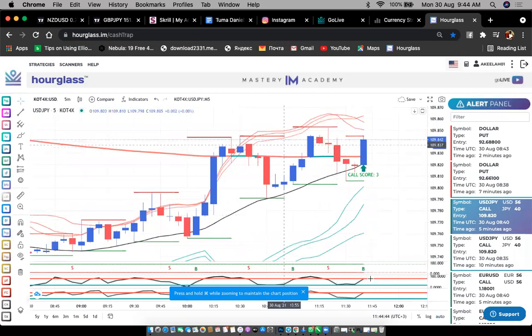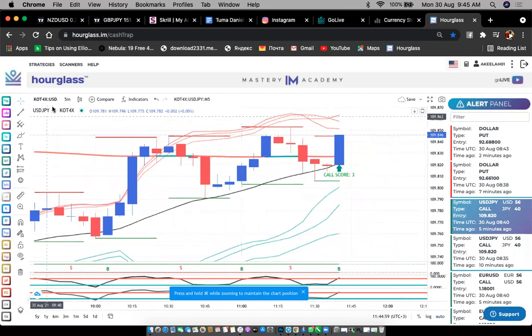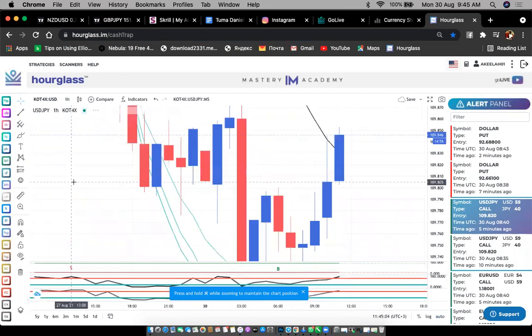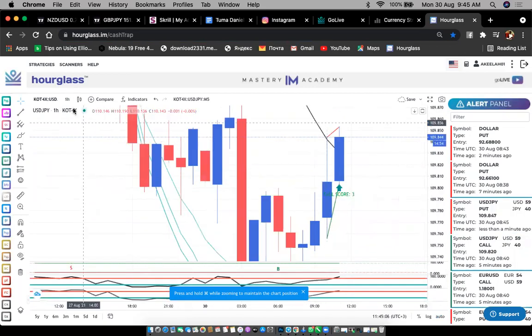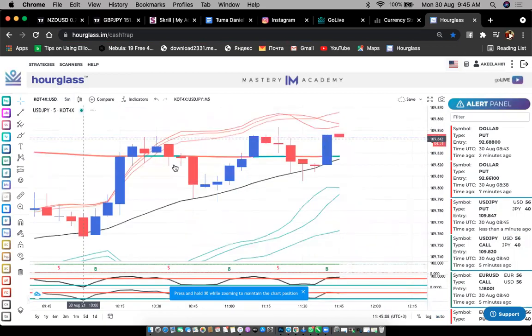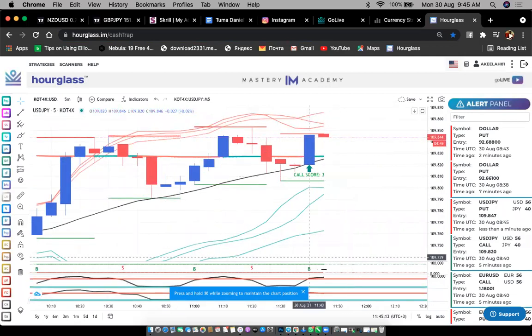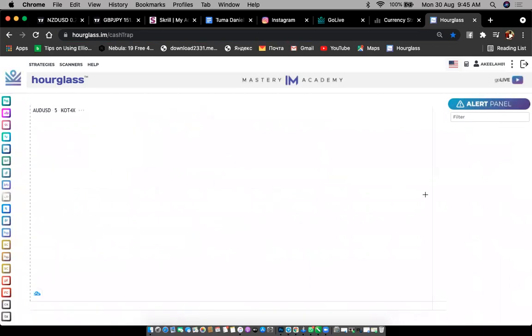RSI is there, stock is almost there. Wow, that's good. The next arrow has to be a down arrow. You just watch how this thing starts dropping. You see the red candle now. Everything is there. If you refresh, you will see Cashtrap has called this trade for a sell.